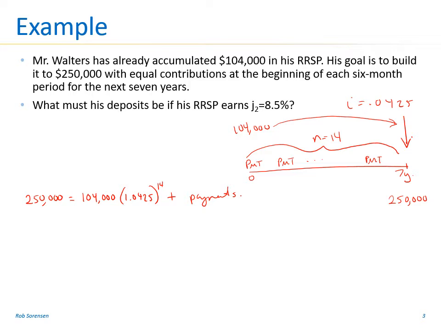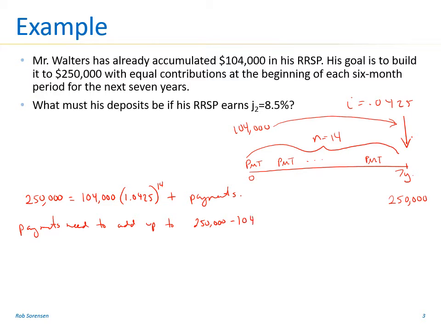So our goal then for the payments is the 250 minus the 104 with interest.